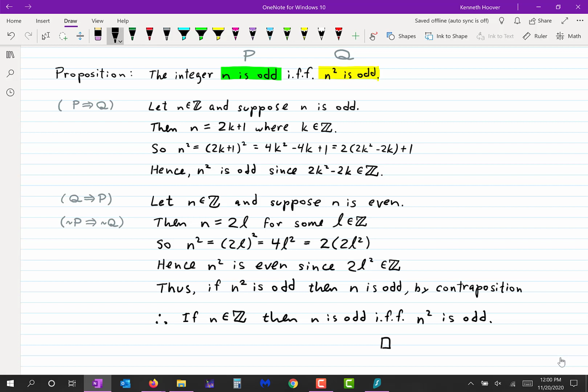Now, a couple of formatting issues. Actually, maybe I should leave that green highlighted. Okay, a couple of formatting issues. This is not mandatory, but I think it's a really, really good idea. Notice something that I did in spacing. So look, here's a subproof proving that. Here's a subproof proving this, which we did by contraposition.